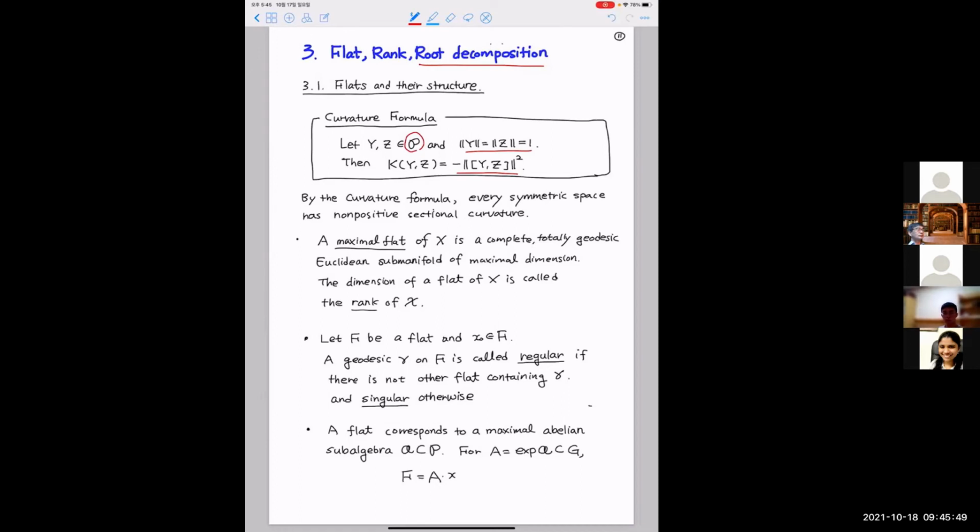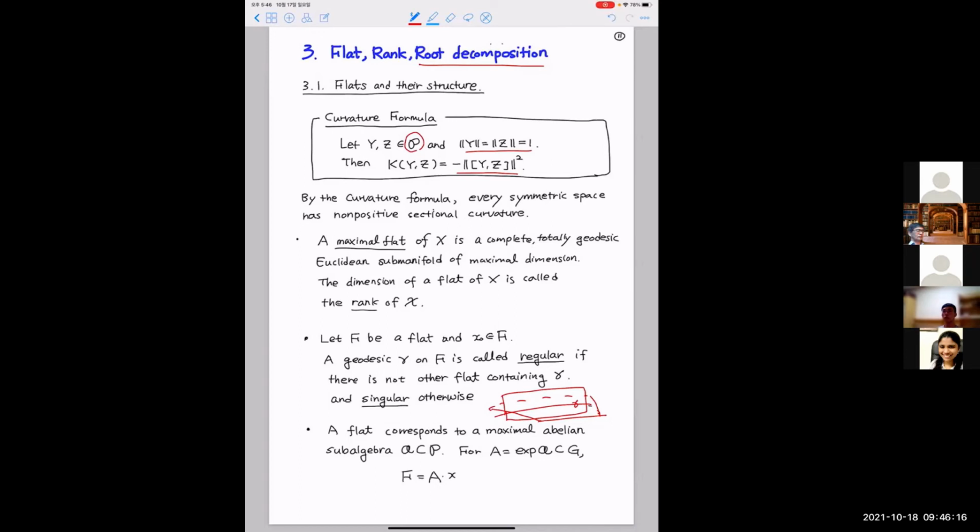Otherwise we call it a singular geodesic. So singular geodesic means that if you have a geodesic, there is a flat which contains gamma, and also there is another flat containing gamma.